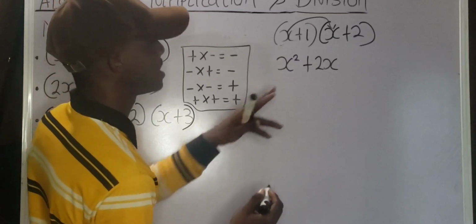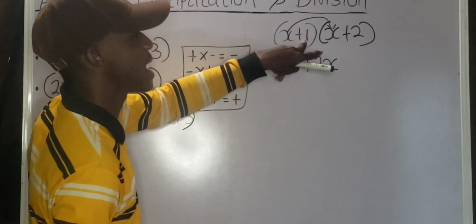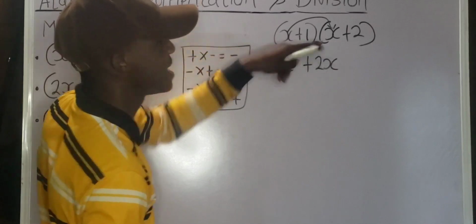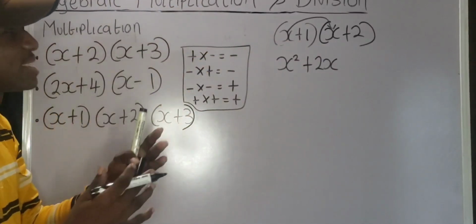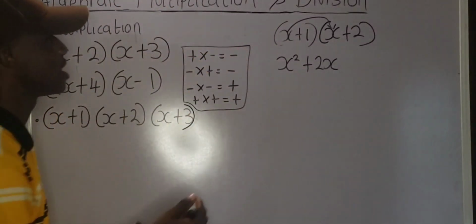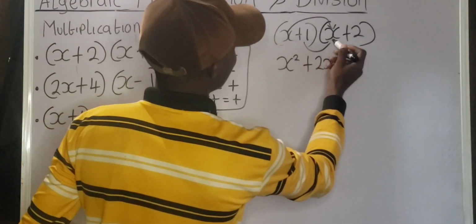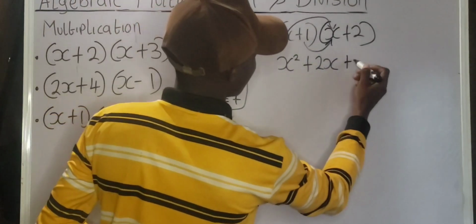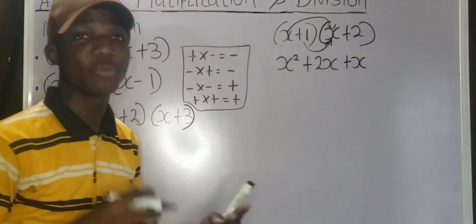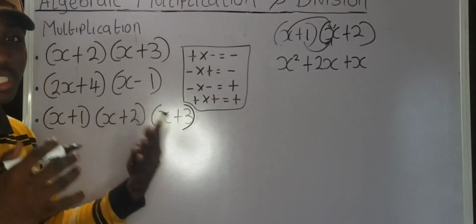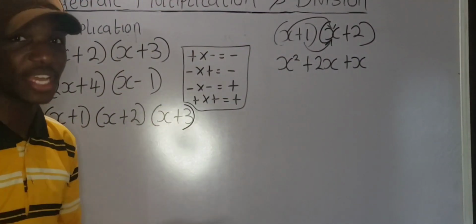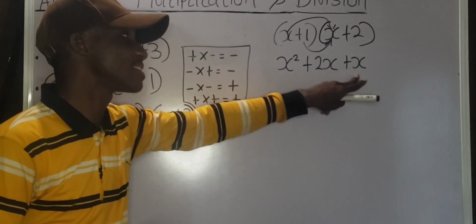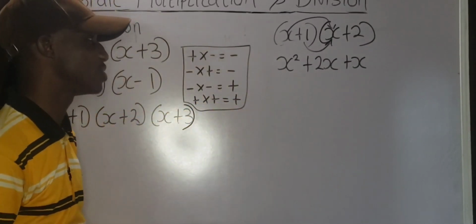So the next step is that I'm going to use the second part of this bracket to multiply all the elements in the second bracket. You understand? So I'm going to have positive 1 multiplied by x. That is positive x. It's supposed to be positive 1x, but positive 1x is also the same thing as positive x. You understand? Because the invisible coefficient of this x is 1. You understand?